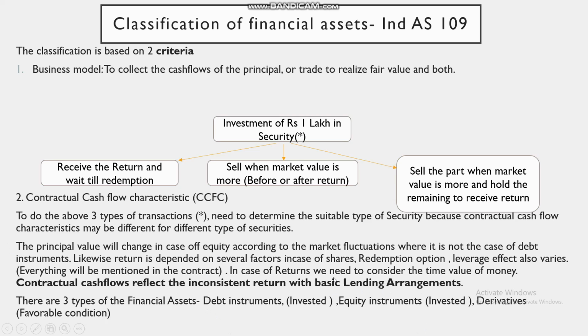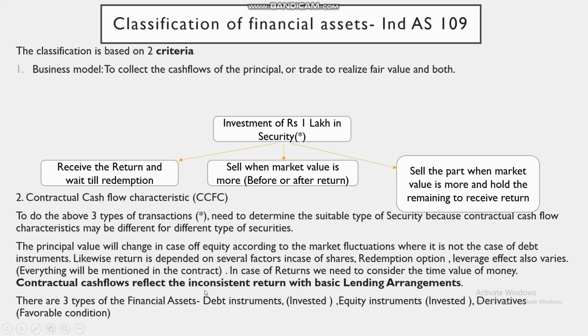In the case of the return, we need to consider the time value of money too. We need to consider the inflation effect too. So this is a very important condition of the contractual cash flow characteristics. In short, we are going to call it CCFC. Contractual cash flows reflect a consistent return with the basic lending arrangement.